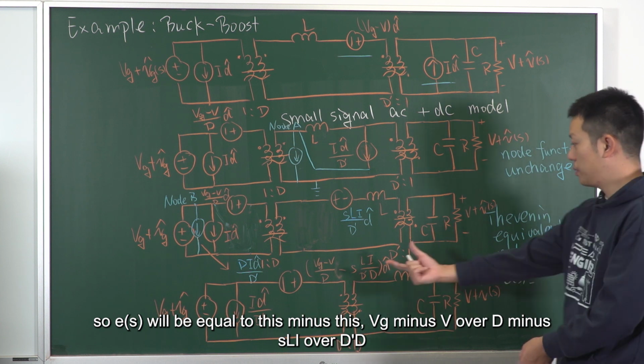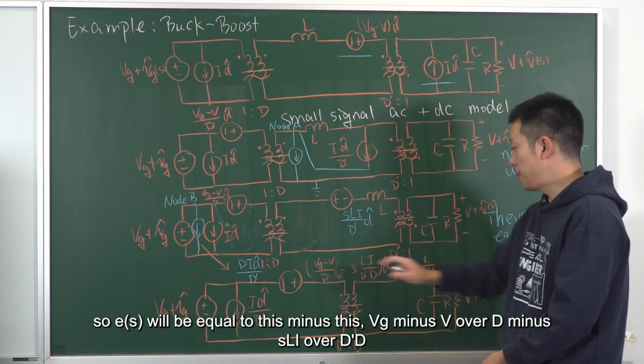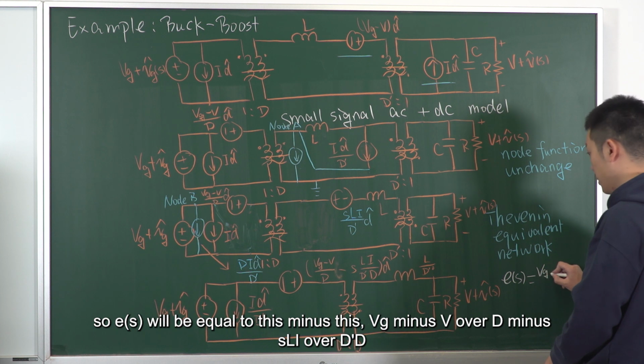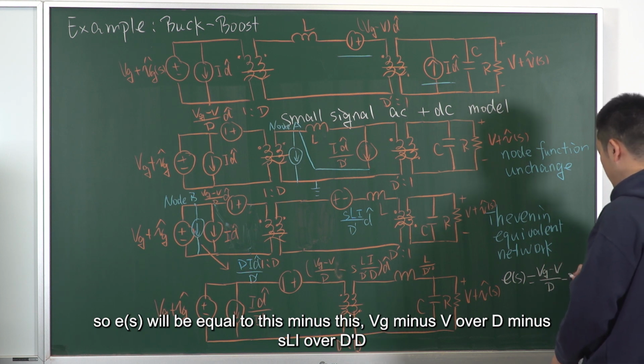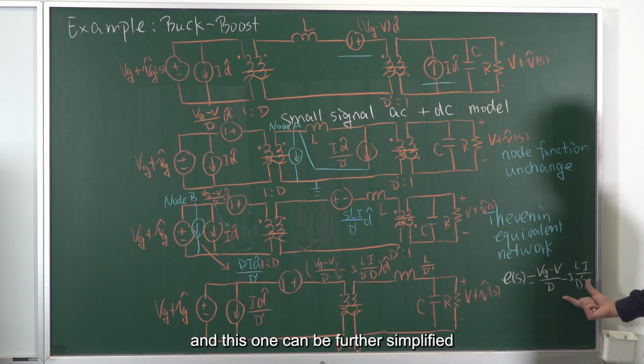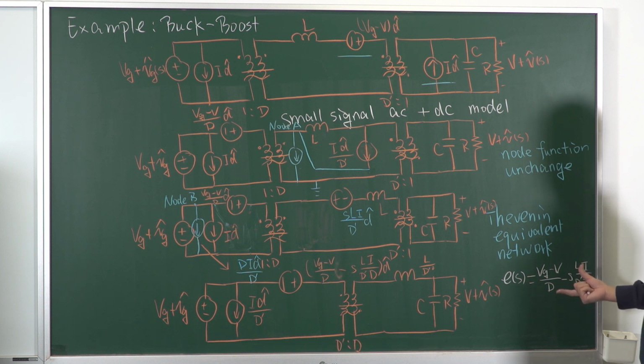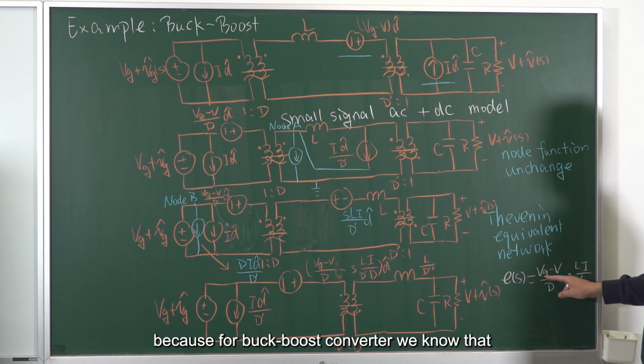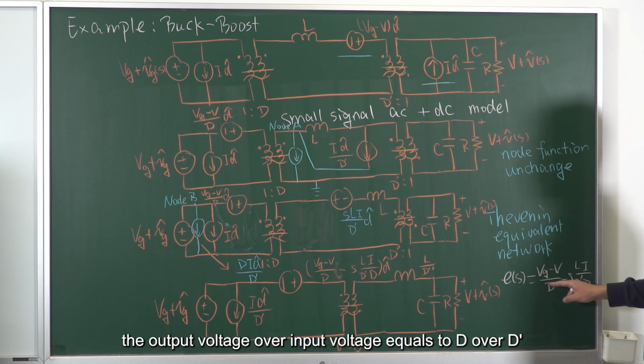So ES will be equal to this minus this, Vg minus V over D minus s Li over D prime D. And this one can be further simplified because for the buck-boost converter, we know that the output voltage over input voltage equals D over D prime.